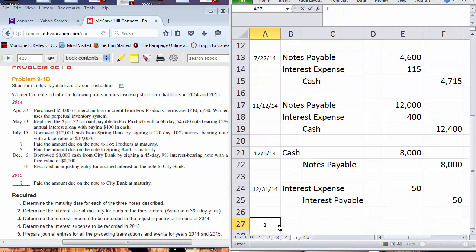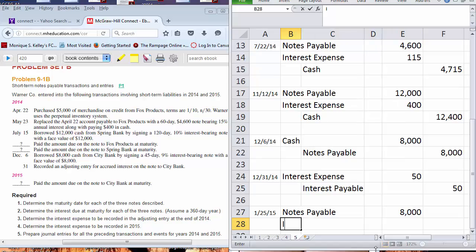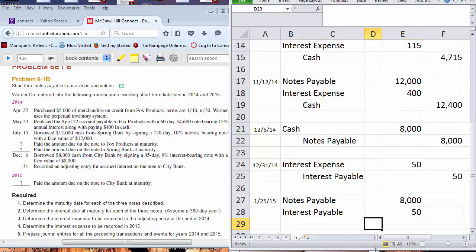So on January 25th, we'll pay the money back that is owed to Citibank. New year. So what we're going to do is debit notes payable for the amount of the original principal, $8,000. And we're going to debit interest payable for the amount previously accrued for the interest related to 2014, $50.